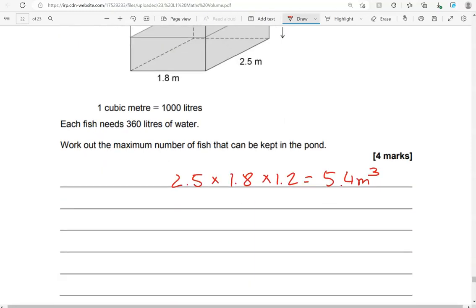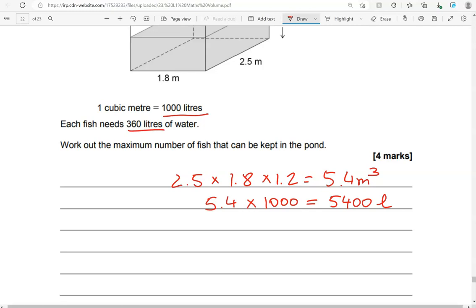We know that 1 cubic meter is equal to 1000 liters. So 5.4 cubic meters, if we multiply them by 1000, that will give us 5,400 liters. So that's how much water the pond holds.